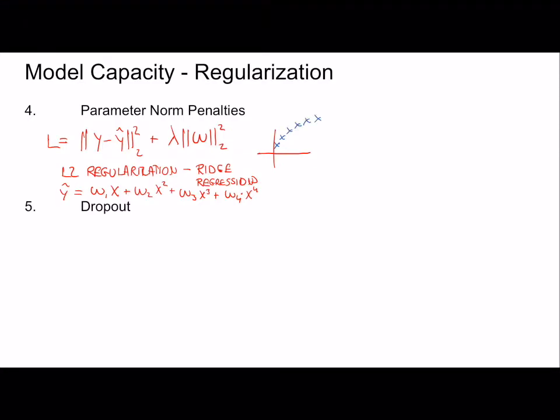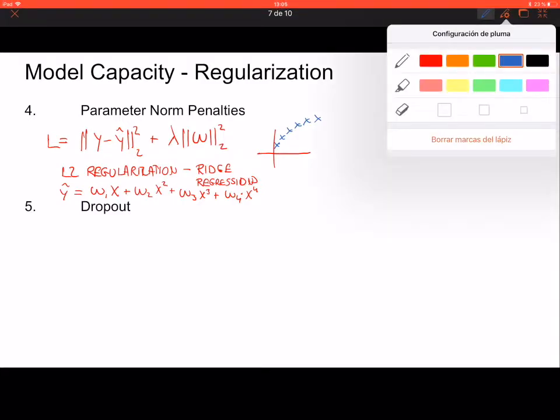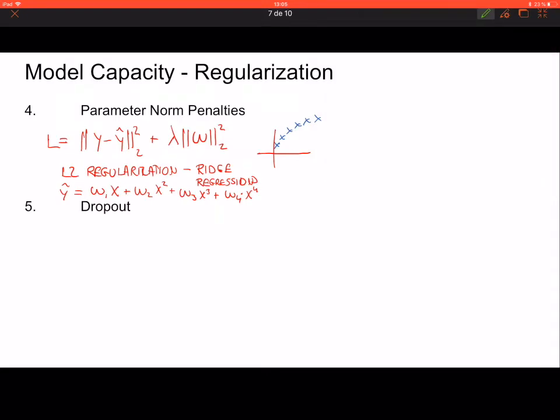These two error terms will be sort of competing against each other to try to fit this model to the data. So what you see is that this is trying to push the weights to be as small as possible, while this is trying to push the loss to be as small as possible.